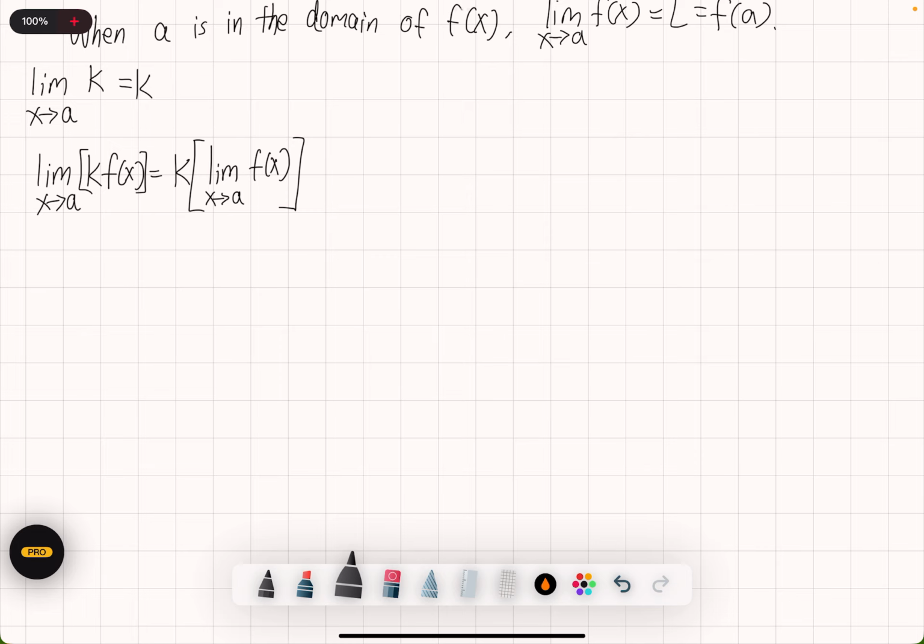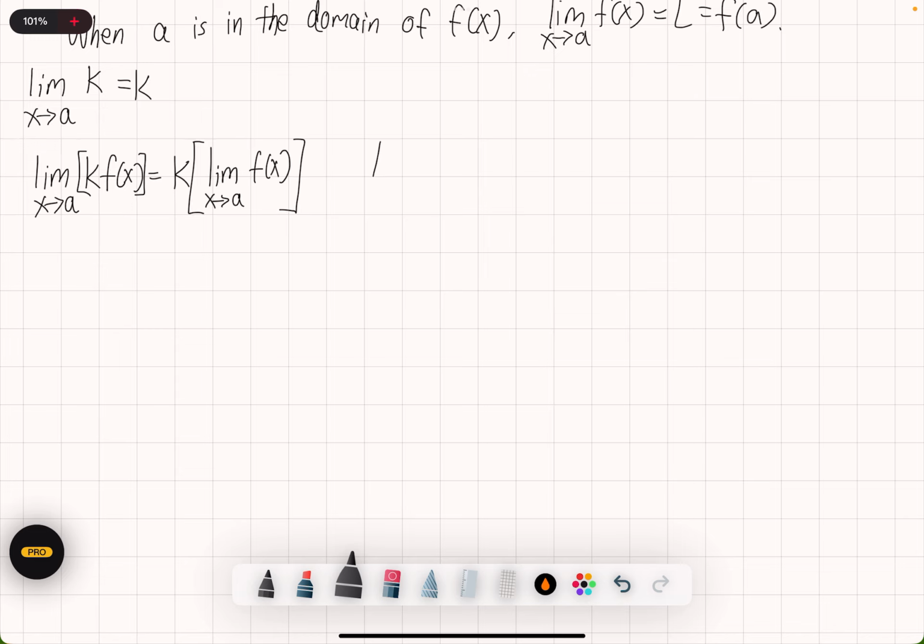So what this means is if I want the limit of 6 f of x as x approaches 5, then that would be equal to 6 times the limit of f of x as x approaches 5.